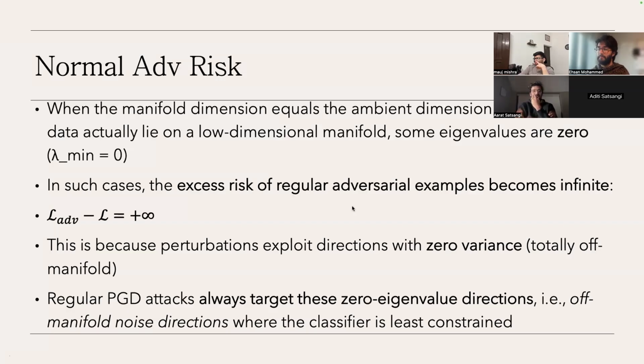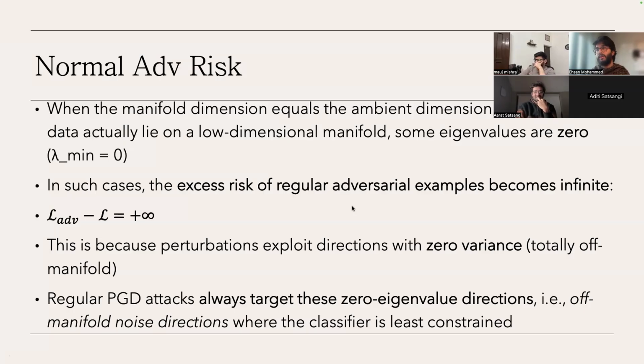Then it's representation collapse. So representation collapse in this case is good, because PGD attacks will always target zero eigenvalue directions and the images will become very different. I think that's the case.